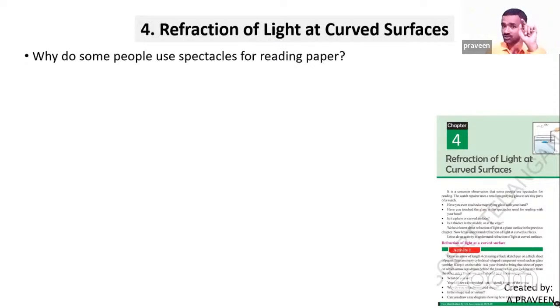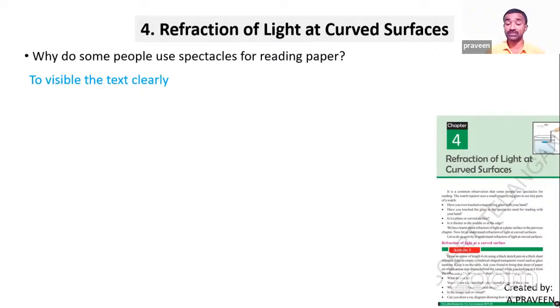Actually, they have a visibility problem. To make it correct, or to make the text on the paper or book visible, they are using specs. To see the text clearly, we are able to answer simply.